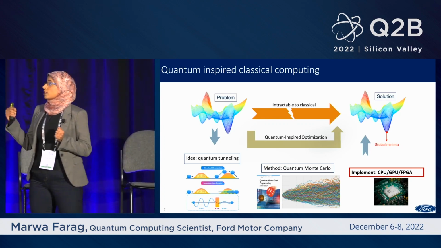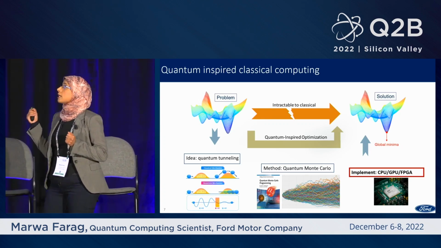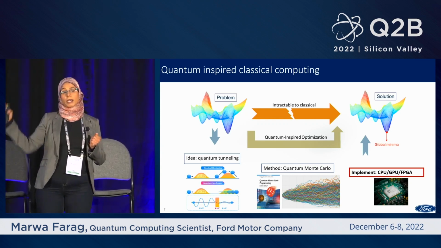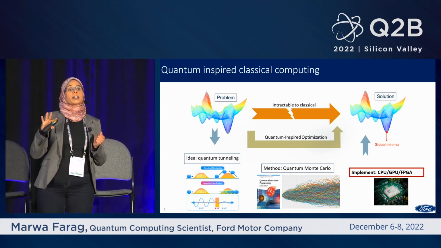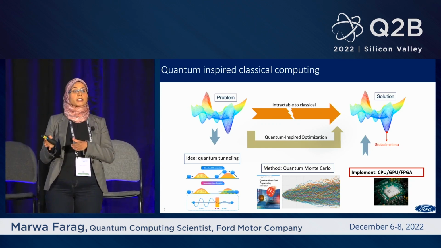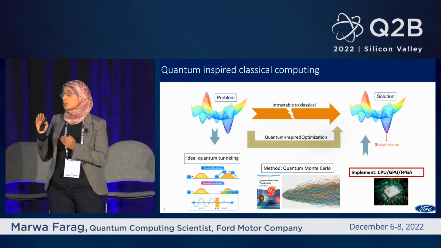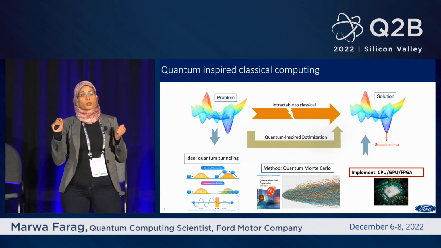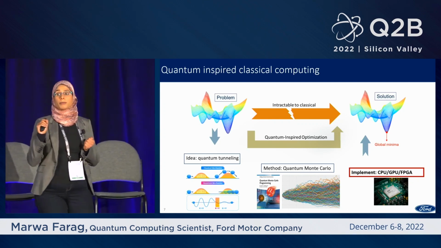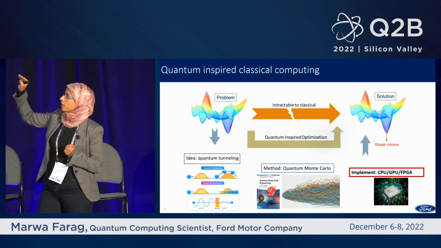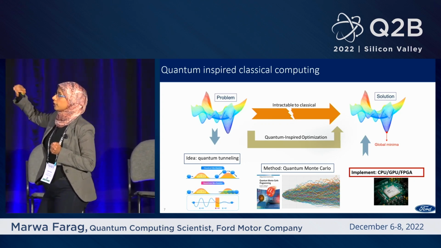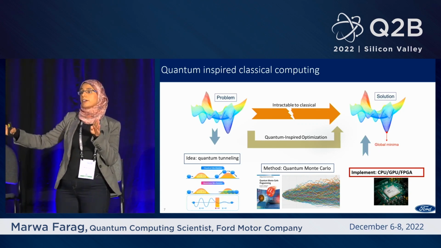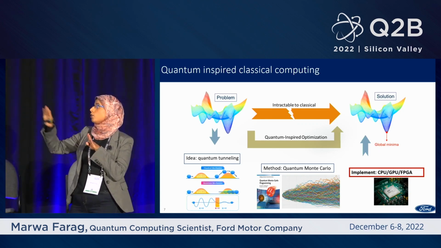If you try to do this classically, the performance of the algorithm depends on how quickly you can hop out of these local optima to explore the landscape and find the global minima. So the time required to solve this problem scales exponentially with the height of the barrier, because you need to cross these barriers that exist, those optima.